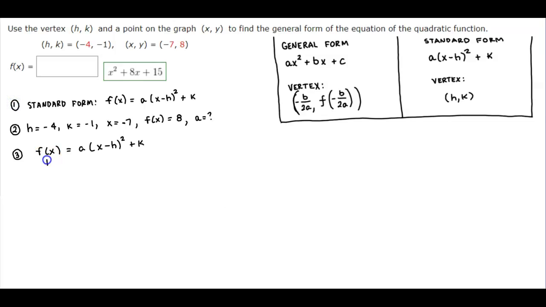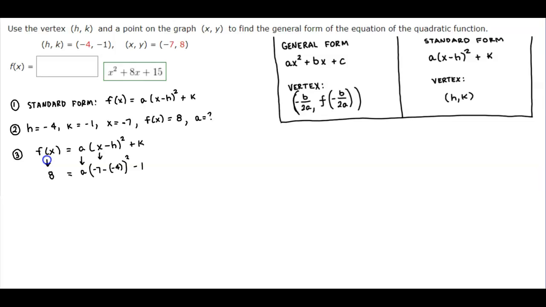We know the value of f of x, which is the same thing as y, is 8. We're looking for a. We know that x is -7 minus the value of h, which is -4, and then we need to square that, plus k, which is -1.